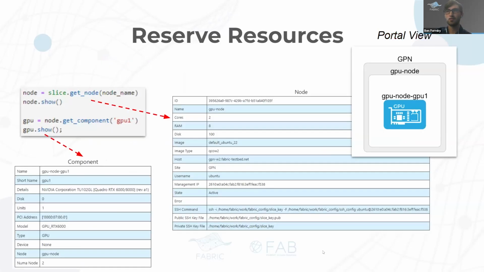And so once that slice is ready and available for you to use, you can query all the details about your slice, all the node details and the GPU details. And then also you can view your slice in the slice viewer on the Fabric Portal website. And that's what this looks like in this figure in the top right.